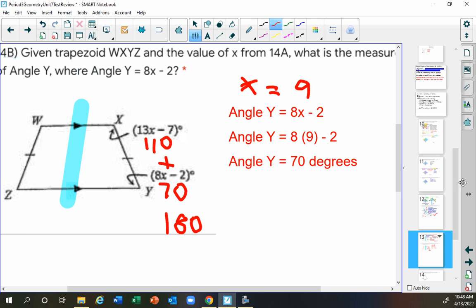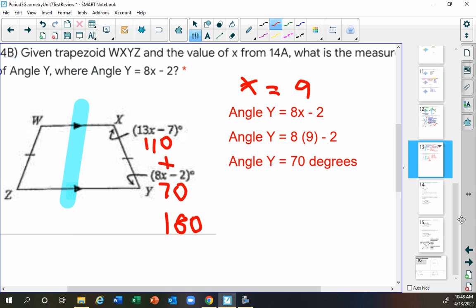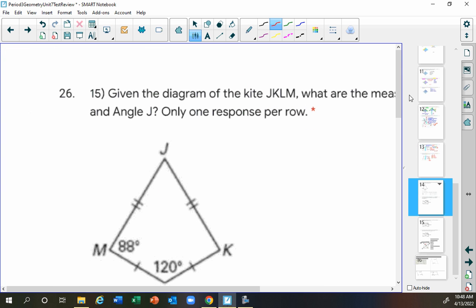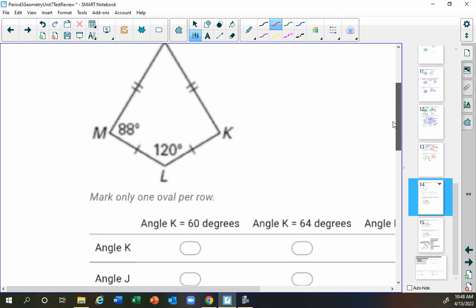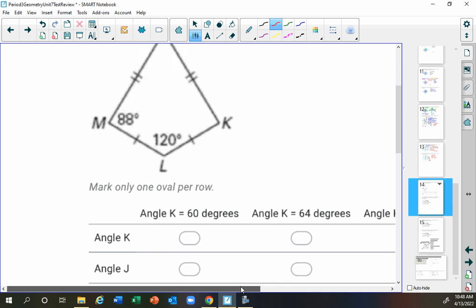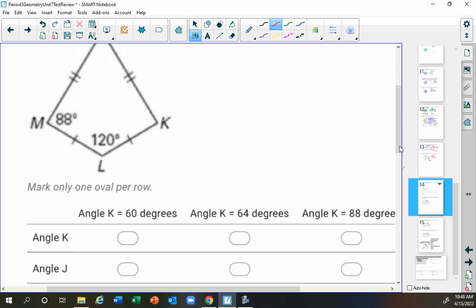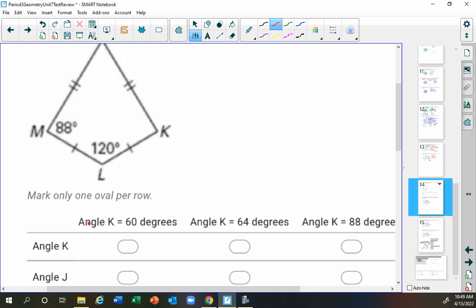Okay, next one we're going to talk about, we're not really going to go too much into detail. And that was the kite. Oh, I did make a typo here. Cross out where it says angle K, angle K, angle K. Cross that out.